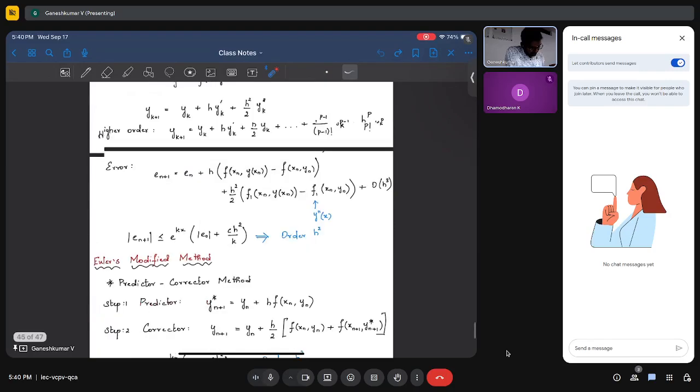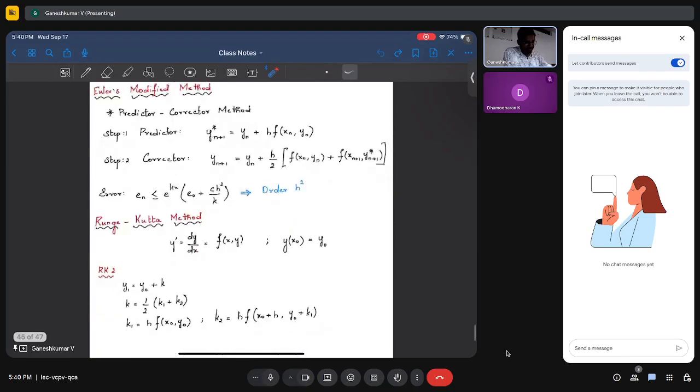And then we discussed Euler's modified method. Euler's modified method is nothing but you have the Euler method, and using the Euler method we predict some value, and using the predicted value we correct that value by an additional step called the corrector step. That is what we call Euler's modified method, and this is also called the RK2 method, Runge-Kutta method.